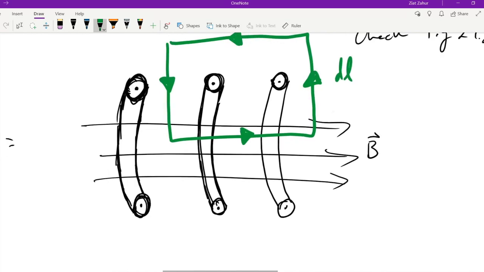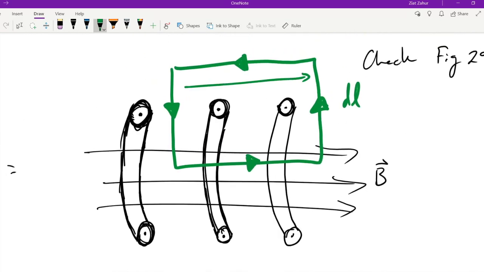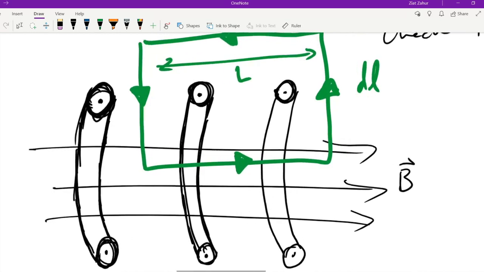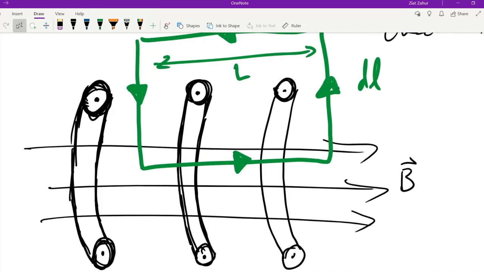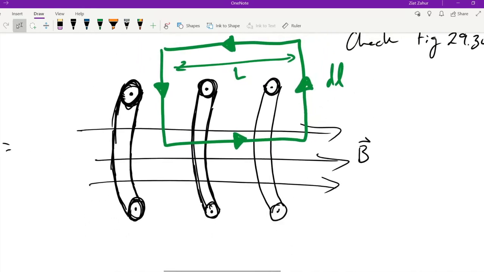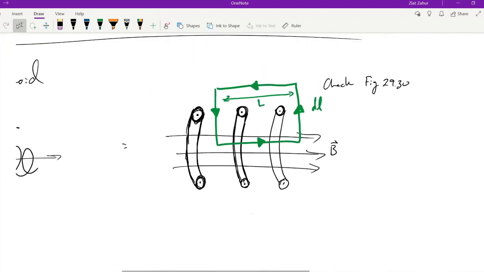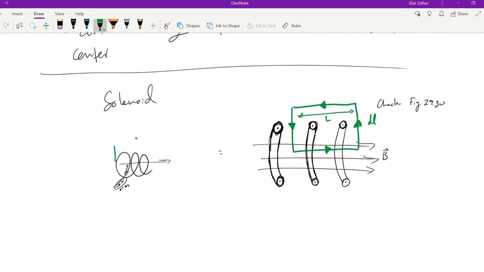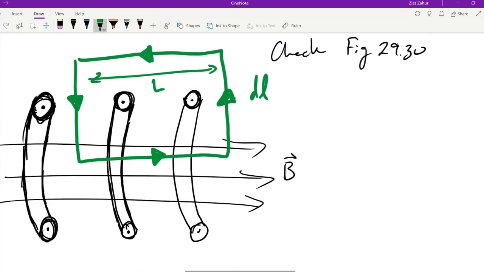And we are some L distance in size. Essentially, what you would do is make this closed loop so that it encompasses the entire solenoid, however big your solenoid is. But we're just doing it as a little tiny piece.